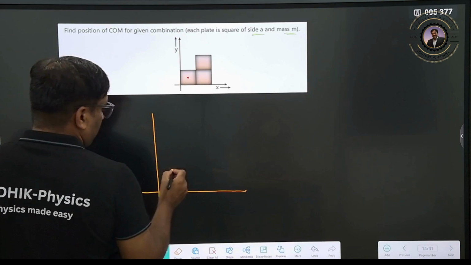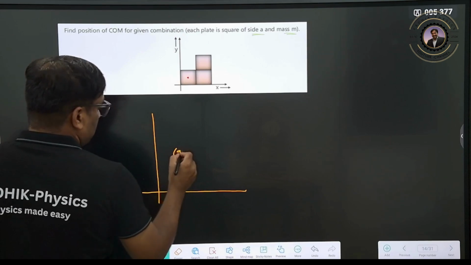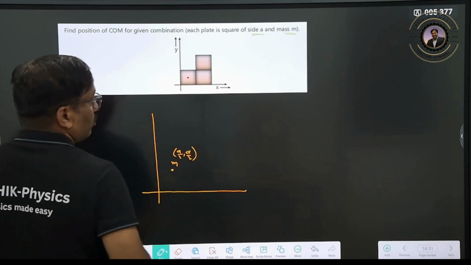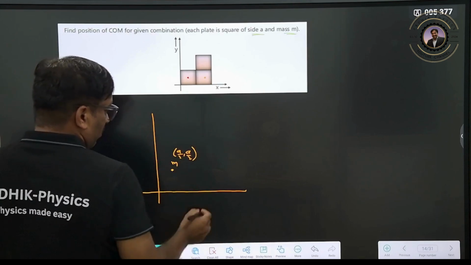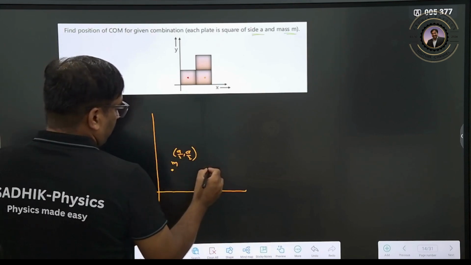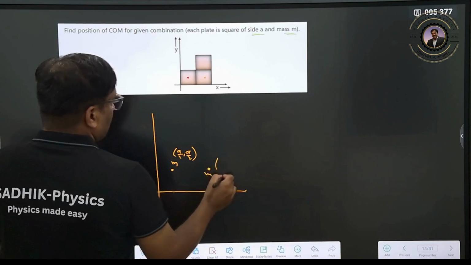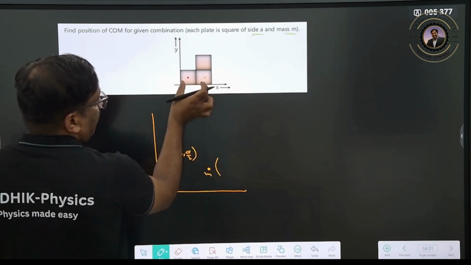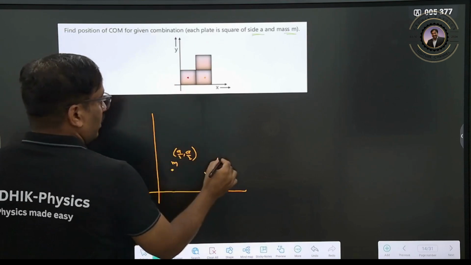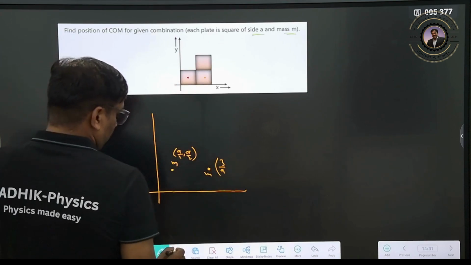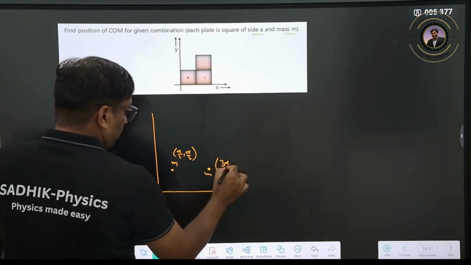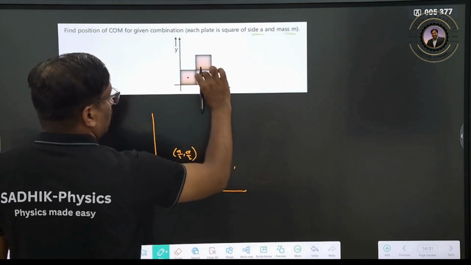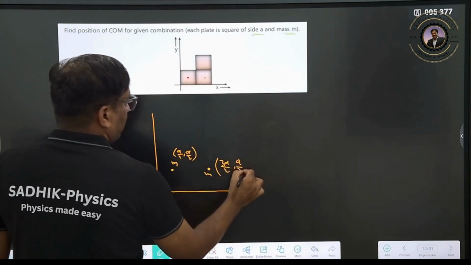That means here one mass is there, and its position is a by 2 comma a by 2. Here one more mass will be there, with mass m, and this distance is a plus a by 2, which is nothing but 3a by 2, comma a by 2.